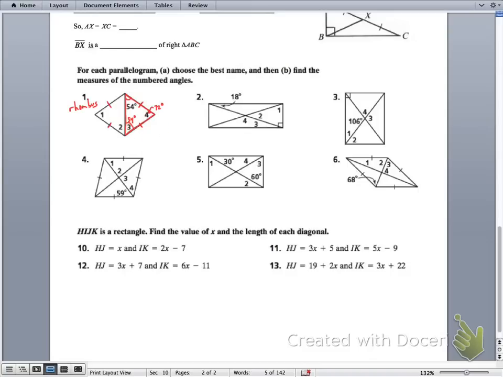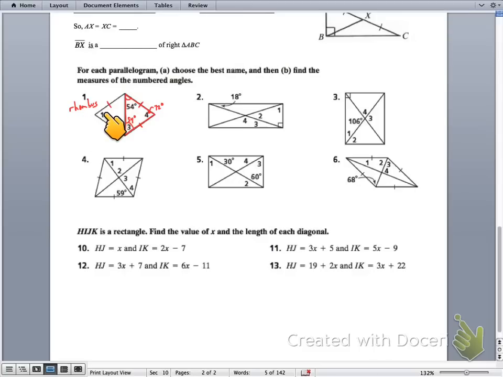Now, if we have a rhombus, the thing to note is that this triangle, the one on the right and the one on the left, which are congruent, is an isosceles triangle. We have these two congruent pieces here. Because it's an isosceles triangle, if we know that this angle here is 54, this angle over here, angle 3, is also 54. Then if this is 54 and this is 54, we can figure out what angle 4 is as well. Okay, 72 degrees.